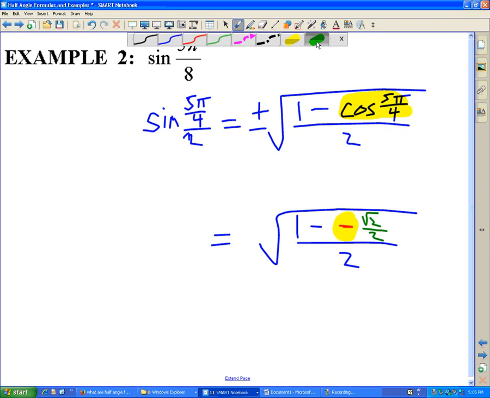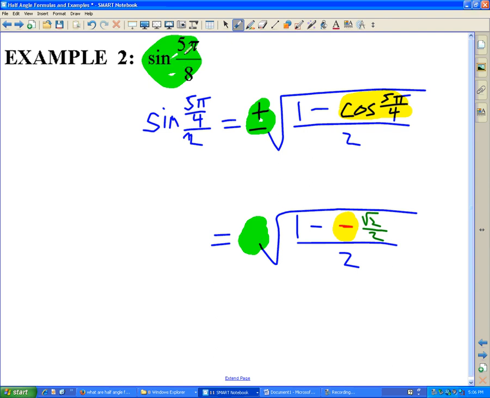The other decision, of course, the outside decision, should we choose positive or negative out here? That goes back to the original problem. 5 pi over 8, well, let's see here. We know that halfway around the circle is pi, but if we write that as 8 pi over 8, it's a little bit easier to compare. A quarter of the way around the circle is pi over 2, but that might be written as 4 pi over 8. So 5 pi over 8 is going to fall right in there into quadrant 2.